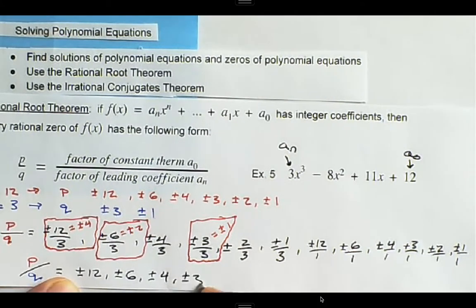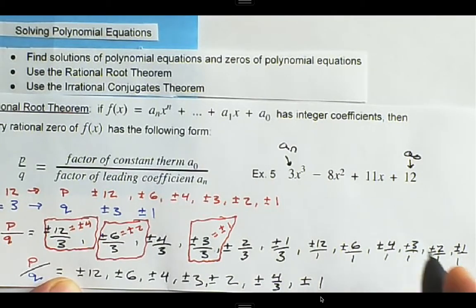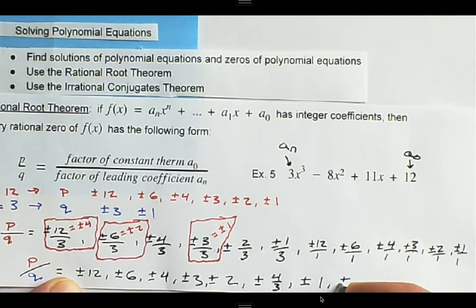Plus or minus 3, plus or minus 2, that comes from here and from here. Plus or minus 4 over 3. Plus or minus 1, which comes from here and from here. Plus or minus 2/3, and plus or minus 1/3.